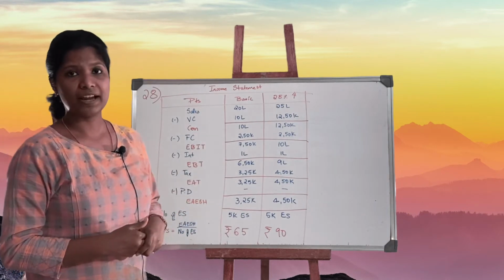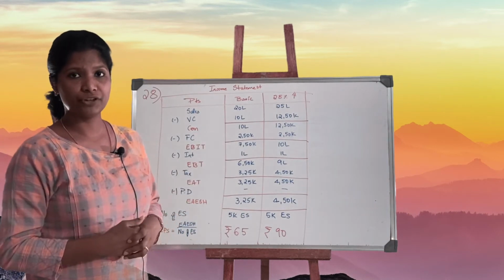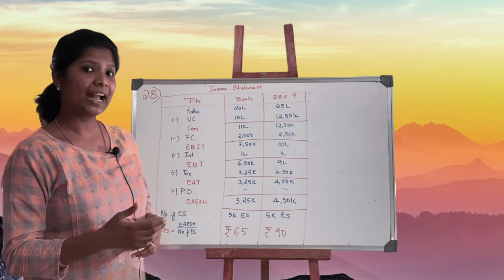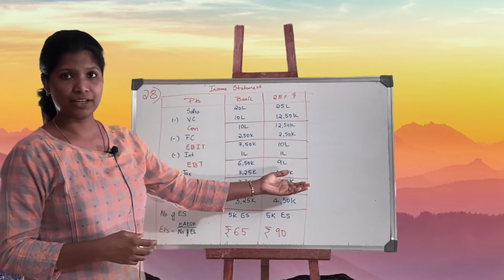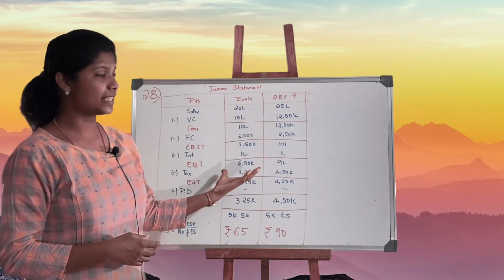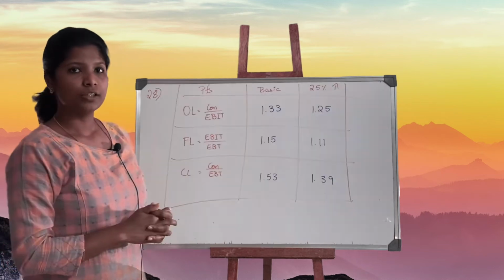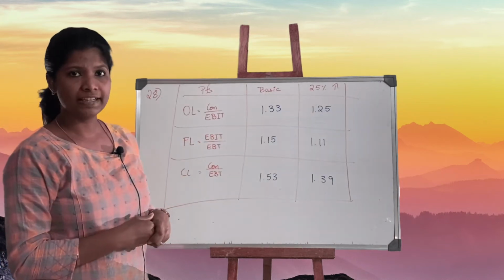After this, let's find out the 3 different leverages: operating leverage, financial leverage and combined leverage for both the scenarios. The first one is when sales are 2 lakh, second one is when sales are 2 lakh 50,000. So let's find out all the 3 leverages.